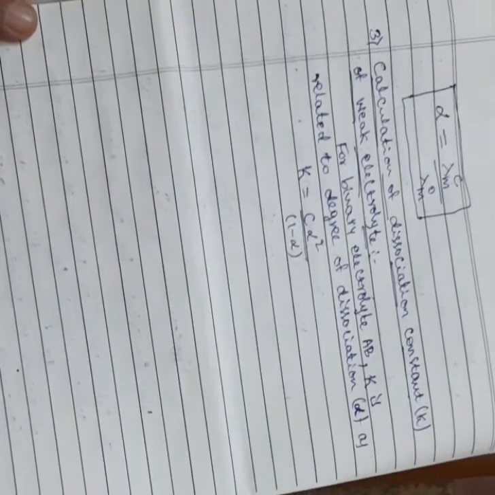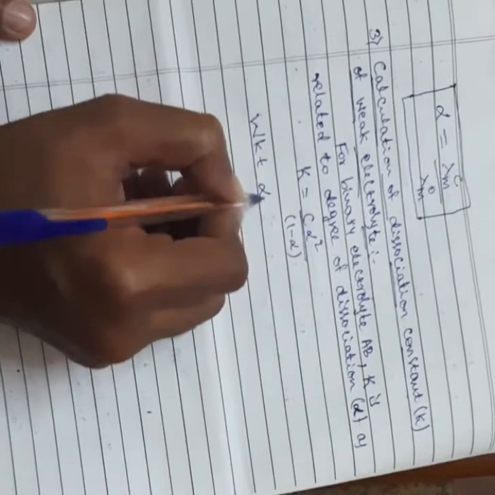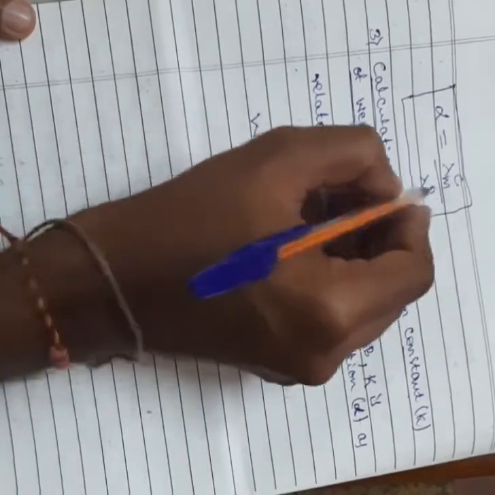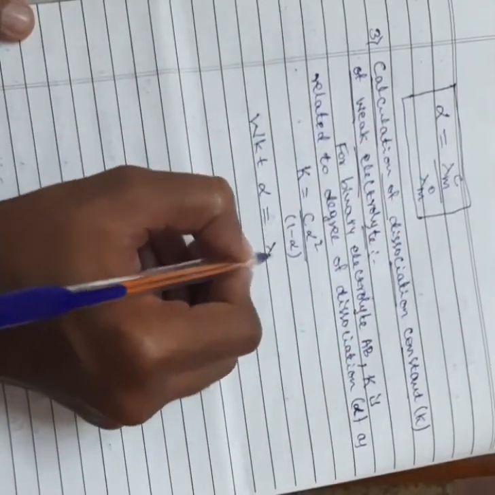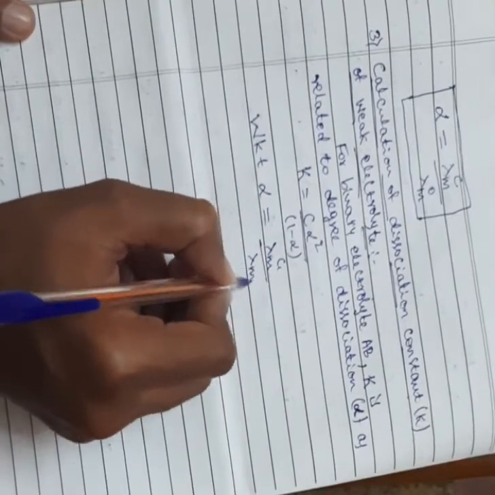But already we know that the degree of dissociation is molar conductivity at any concentration divided by limiting molar conductivity.